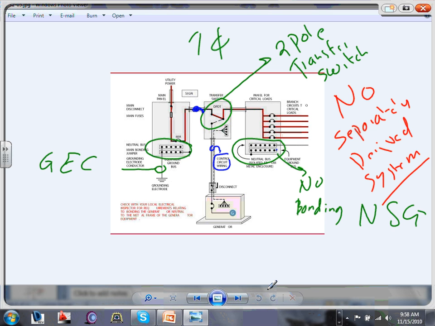Some of it will go through the neutral, no problem. The other part will go through the conduit, if it's EMT conduit, and that's a violation of the code, because the equipment grounding conductor must not carry current. Why? First of all, these are not meant to carry current, they'll arc. And second, if you were to open that conduit, you're going to get zapped.